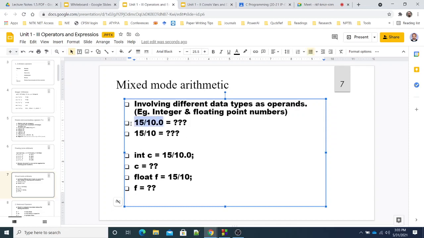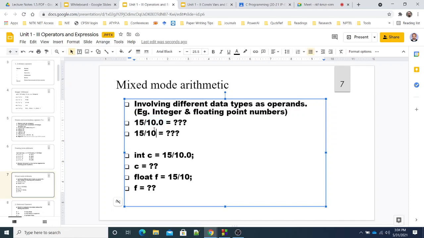But in this case, it is slightly different. One is an integer, another is floating point type. In that case, the result will be float, because between integer and float, float is of higher grade. So when there is an operation between a lower grade data type and a higher grade data type, the result will be of higher grade.